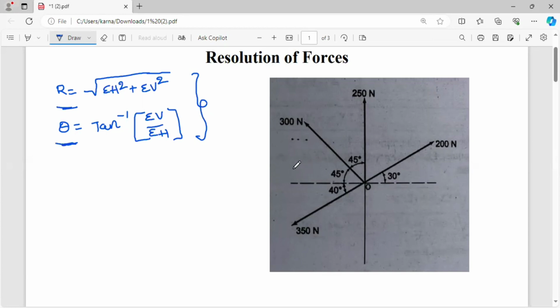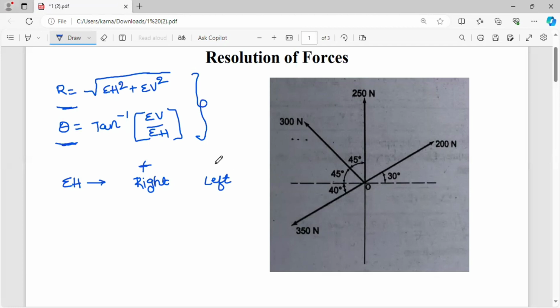Before going to solve the problem, I will explain two conditions. While calculating the sum of the horizontal forces, you have to decide whether the force is in the right hand direction or left hand direction. If the force is acting in the right hand direction, you can take it as positive sign.